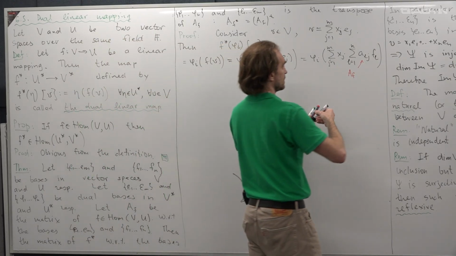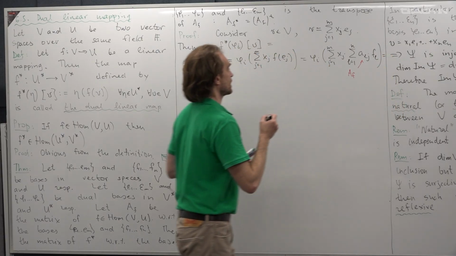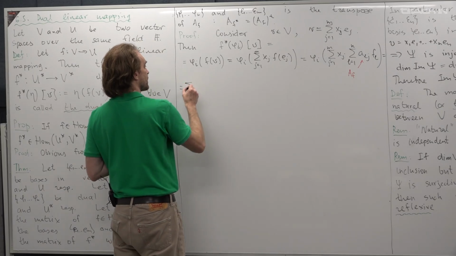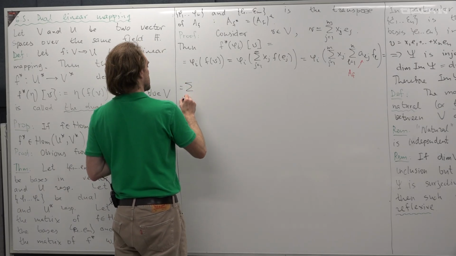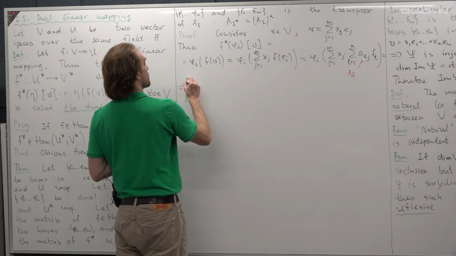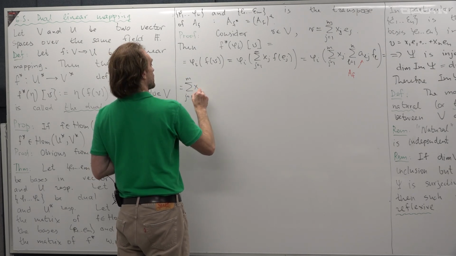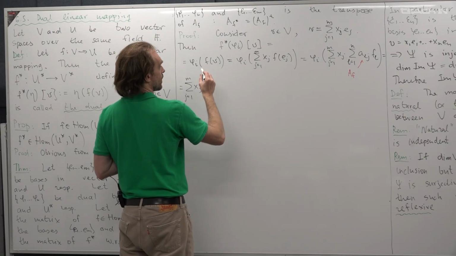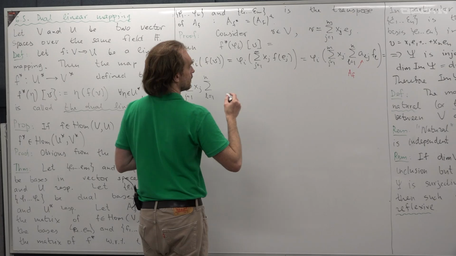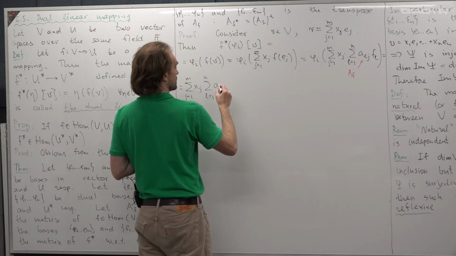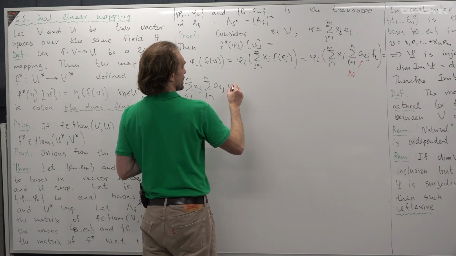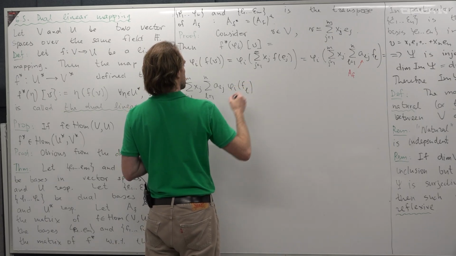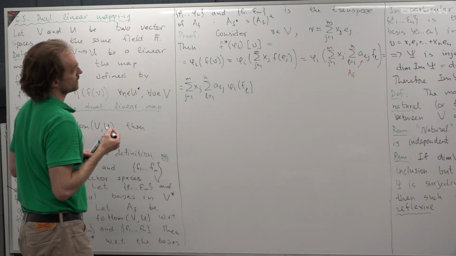And now let us continue this computation. According to the property of linearity, we get the sum where j ranges from 1 to m, x sub j, the sum where l ranges from 1 to n of a sub lj phi sub i applied to f sub l. So this is what we get.